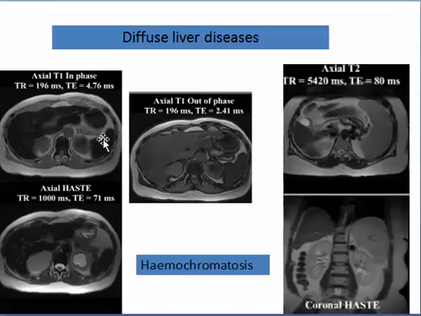Axial T1 in, axial T1 out, definitely is lower in intensity. In coronals, this is the appearance of the primary. This is appearance of the secondary, where we have enlargement of the spleen, different types of hemochromatosis, and this is hydronephrotic left kidney by chance is noted. Thank you.